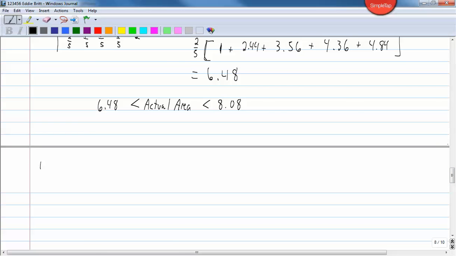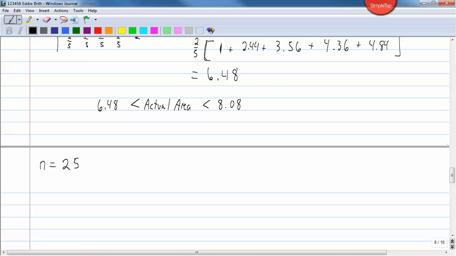For example, for this same problem, if I let the number of rectangles equal 25, could you imagine doing that out by hand? No, that would take a long time. But before we had the mathematical knowledge of how to actually figure it out, we had to do things like this.